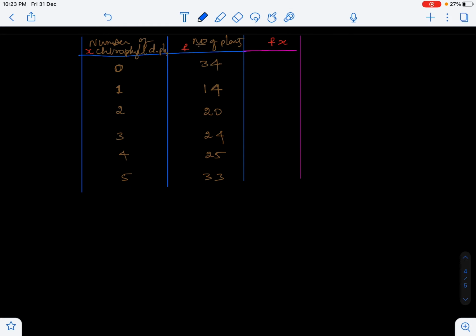That is 34 into 0, 14 ones are 14, 20 twos are 40, 24 threes are 72, 25 fours are 100, 33 fives are 195.